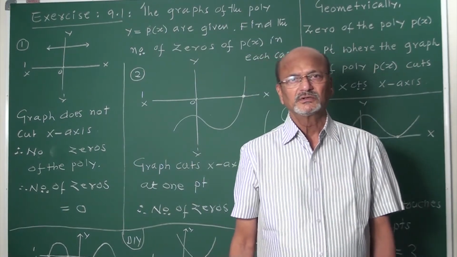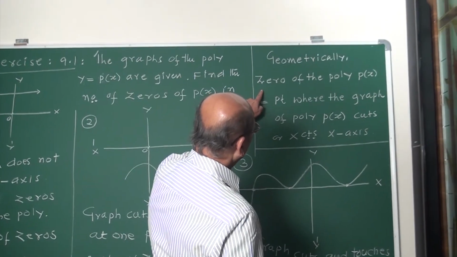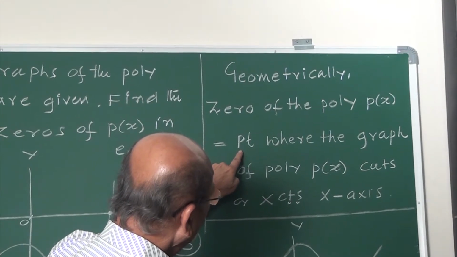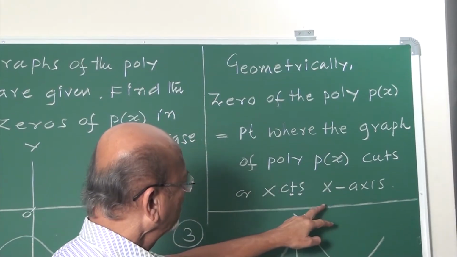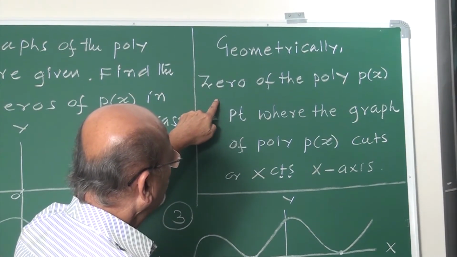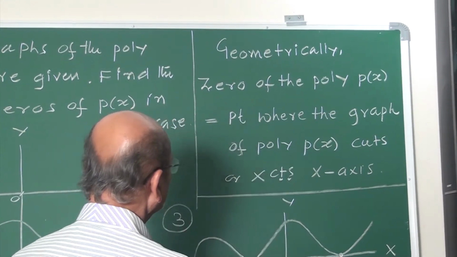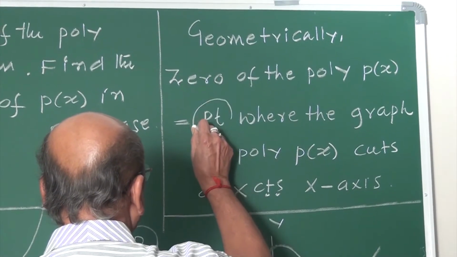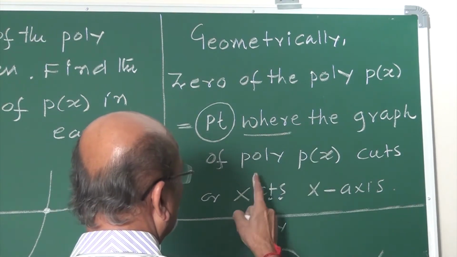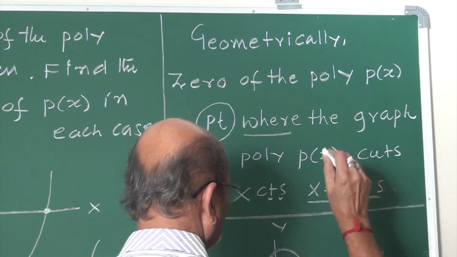Geometrically, the zero of the polynomial p(x) is the point where the graph of the polynomial cuts or intersects the x-axis.